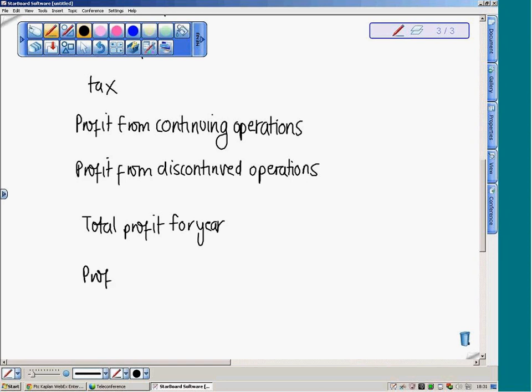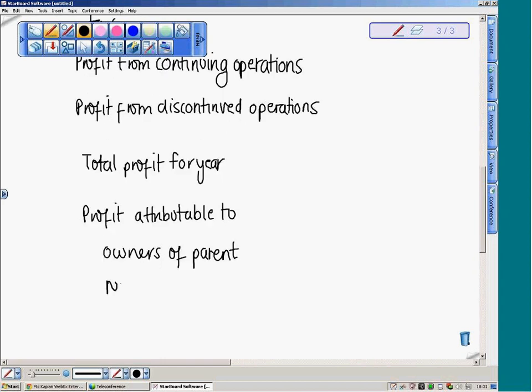We want to have the profit attributable to owners of the parent. Okay. And we want to have the non-controlling interest. Take a minute or so to draw out this pro forma, but you want to make sure that you're drawing out this pro forma, writing it in full, because that's going to bag you that nice and easy presentation mark.